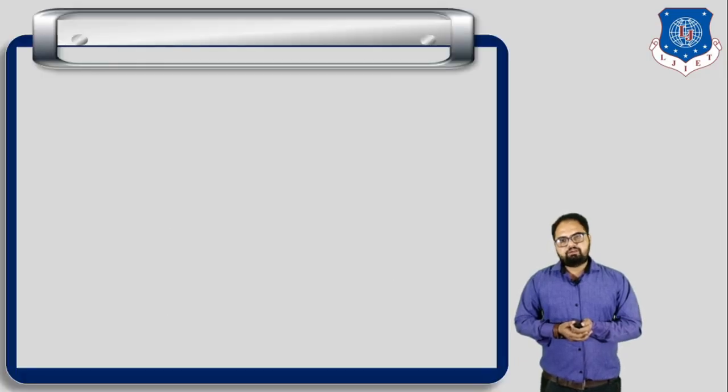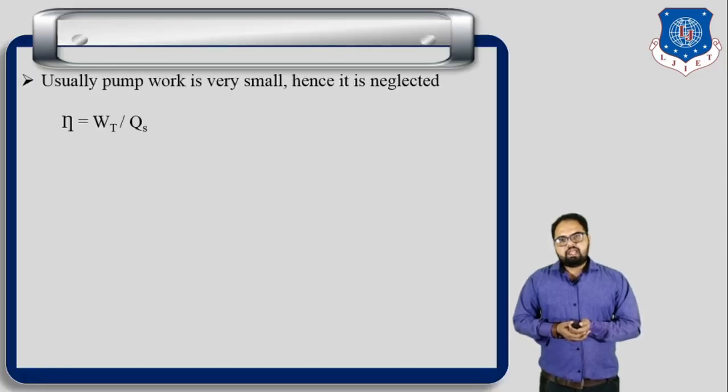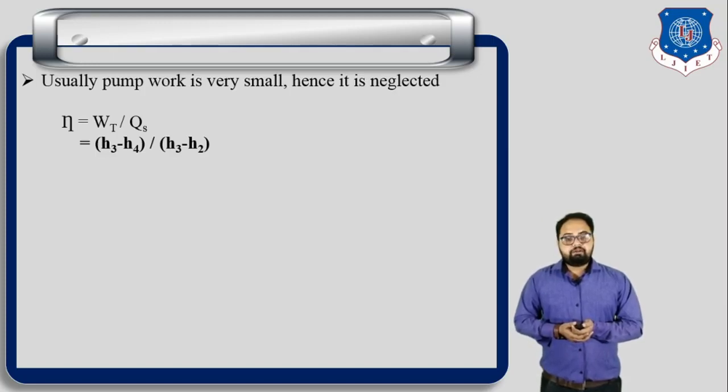The value of WT is H3 minus H4, and the pump work is really very small, so we will neglect the pump work. So the equation becomes WT divided by QS, that is (H3 minus H4) divided by (H3 minus H2). So this is the thermal efficiency of the Rankine cycle.